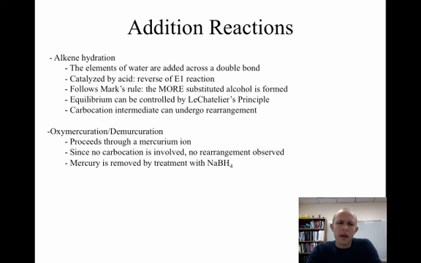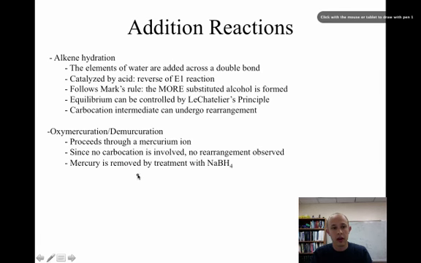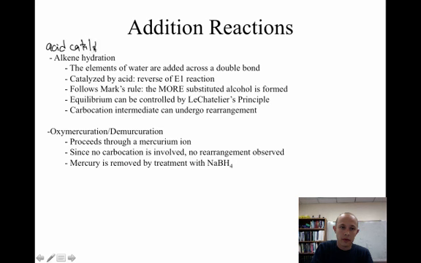Okay, so to summarize here, we talked about 3 types of reactions to hydrate alkenes, and depending on what result you want, you choose the appropriate hydration reaction. In one case, what we can do is what we call acid catalyzed hydration. In this reaction, elements of water are added across a double bond.